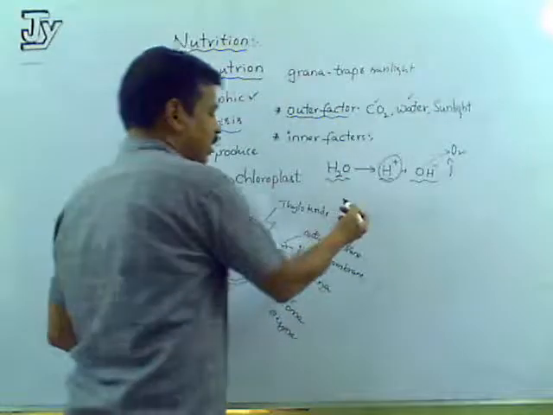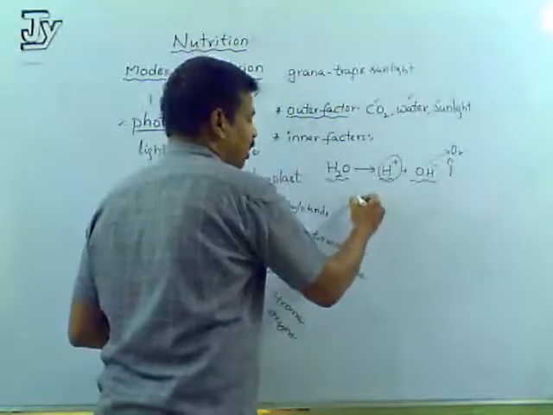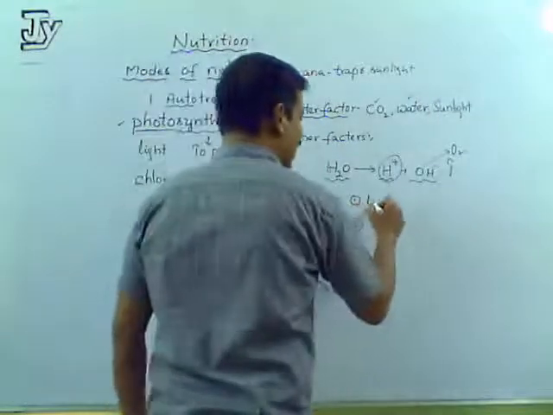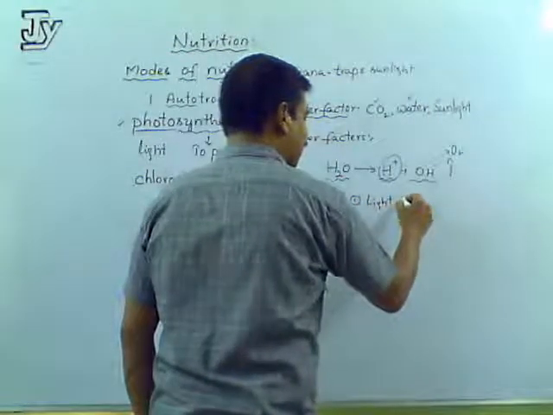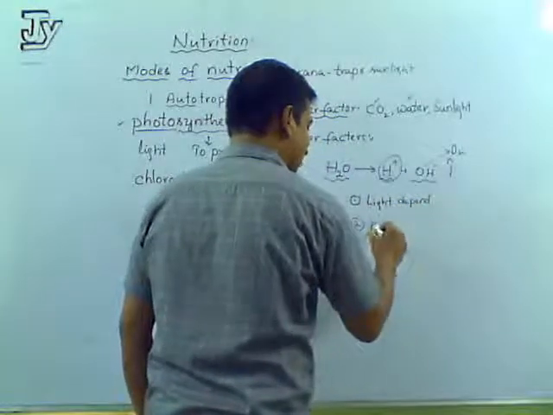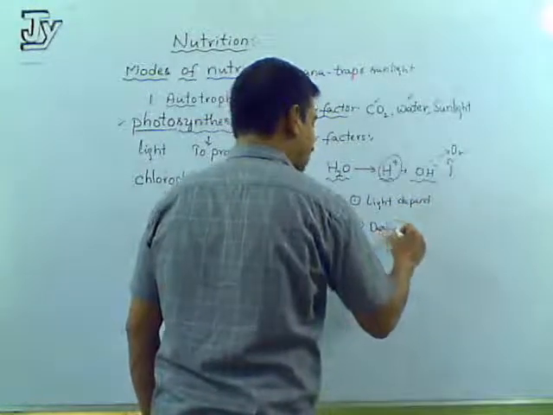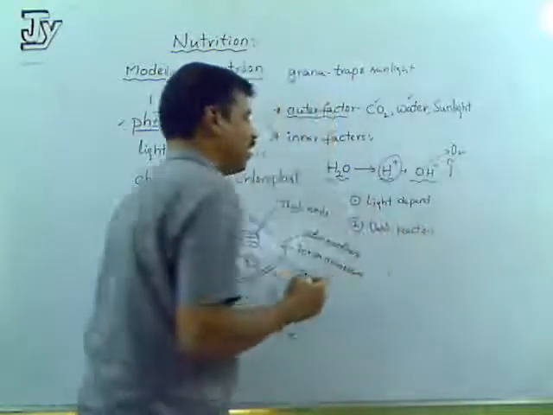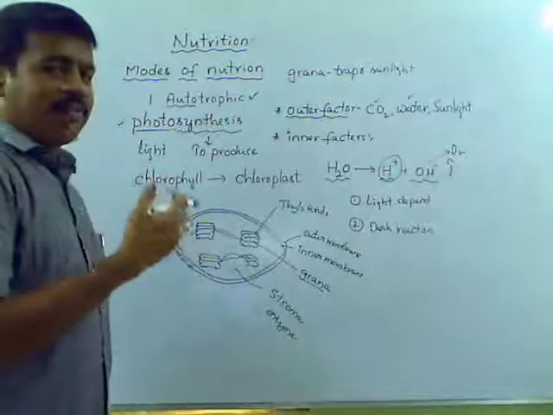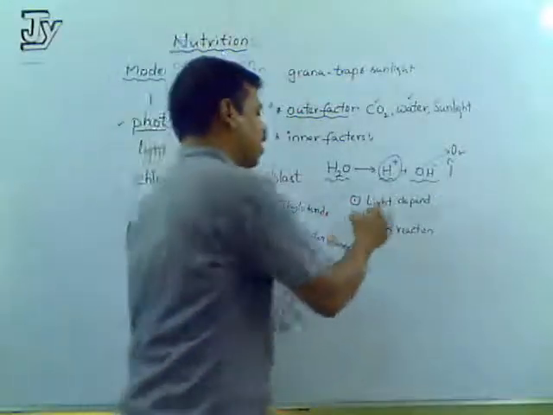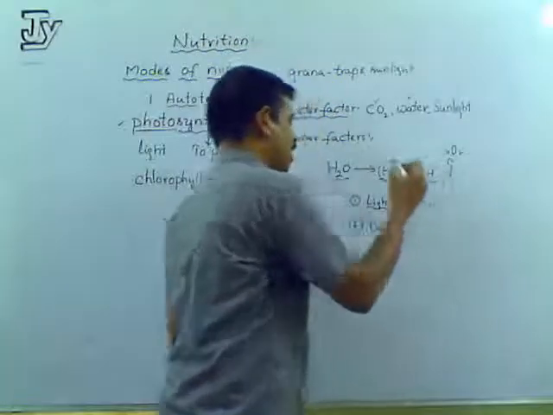In photosynthesis, we find two stages. One is light dependent reactions, and the second one is dark reactions. A light dependent reaction is when sunlight is available.